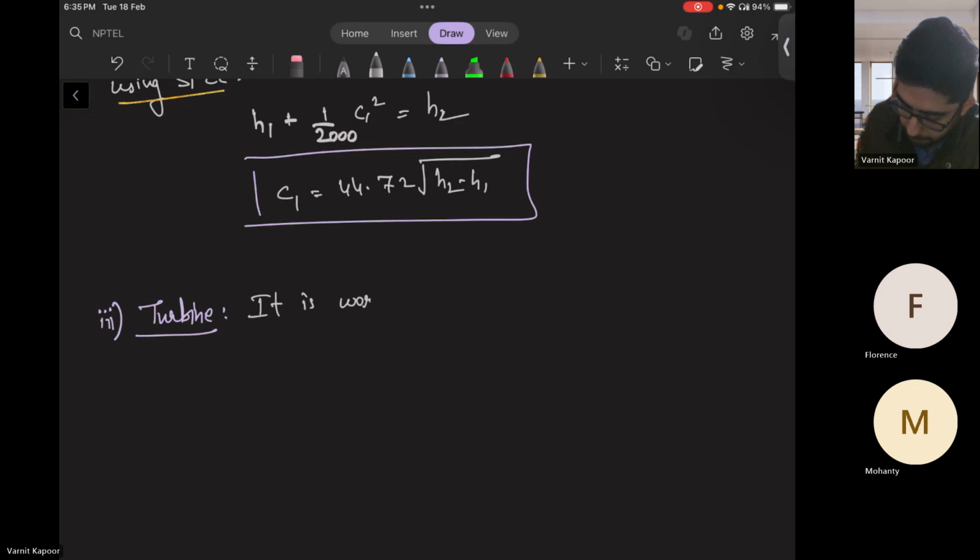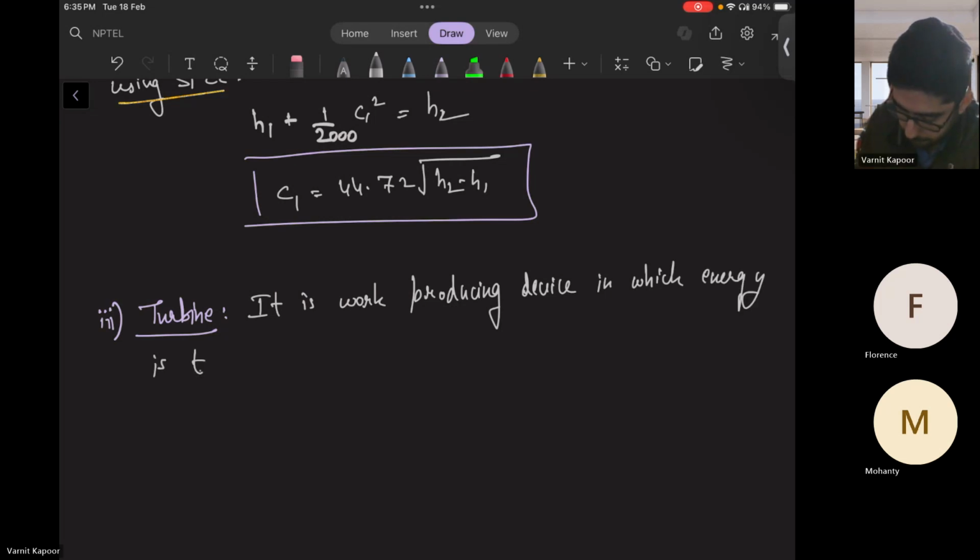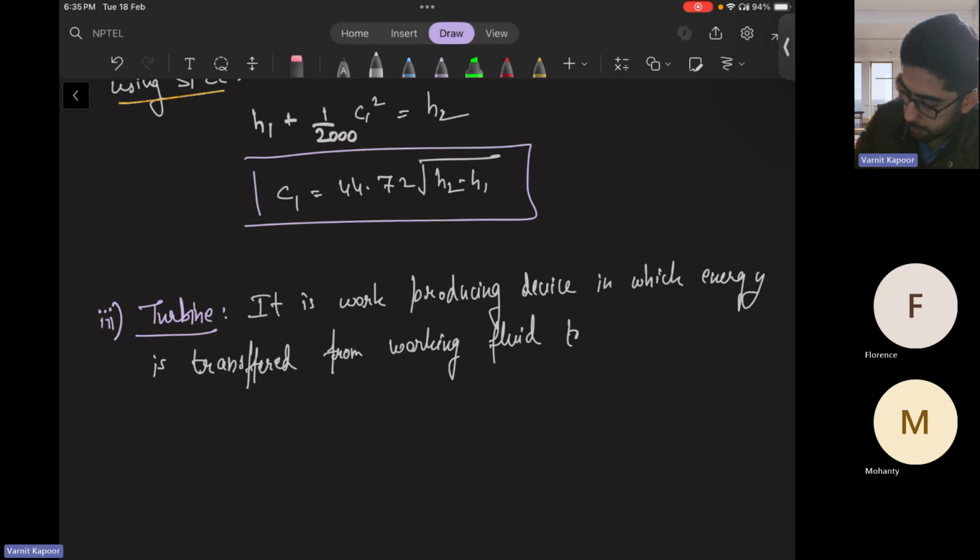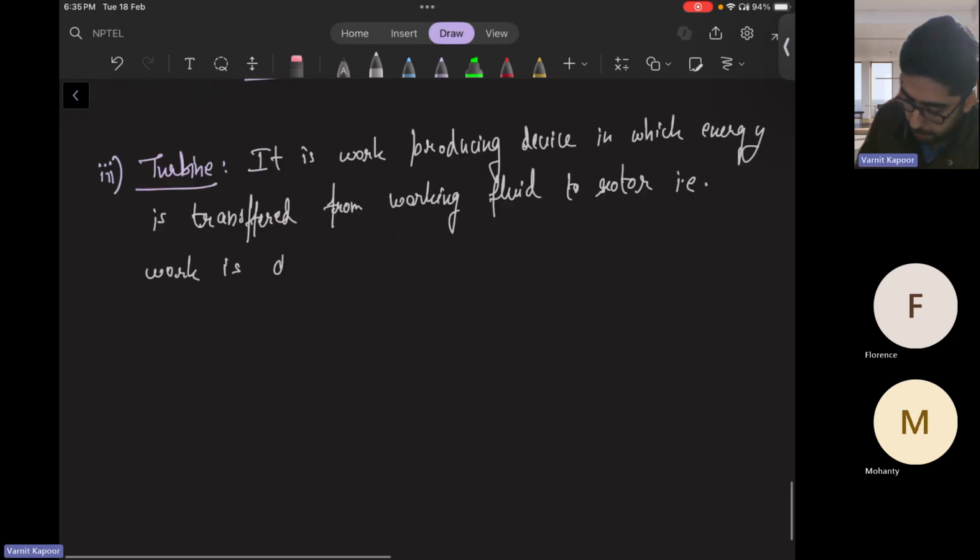It is a work producing device in which energy is transferred from working fluid to rotor. That is, work is done by the system.